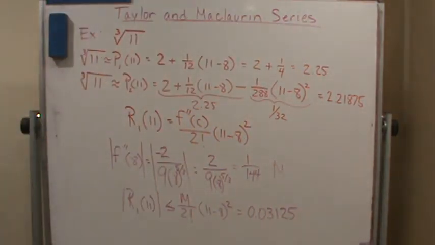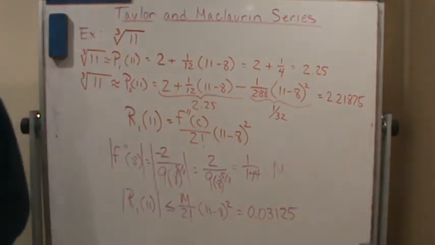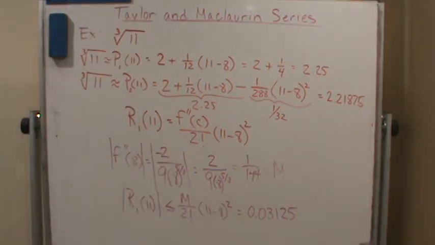Okay, so the remainder is going to be less than or equal to this amount. That's the maximum error for our estimate.